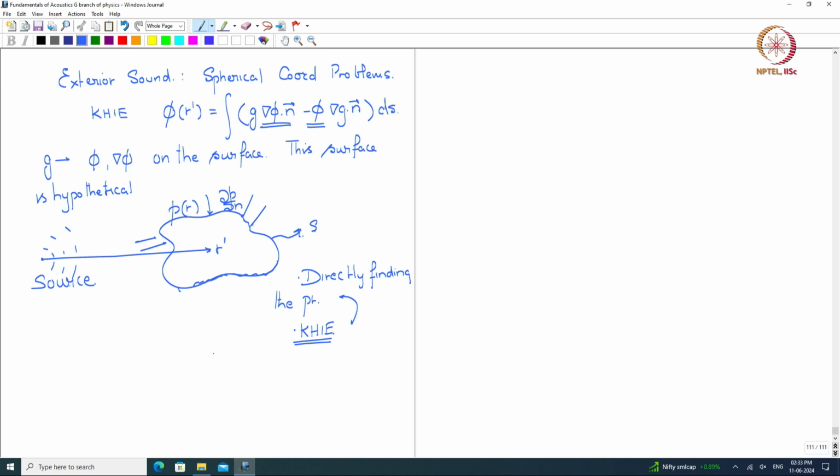Okay. So this is the scenario. I have a sphere of radius a, and then at a distance of d from the sphere, I have a point source.